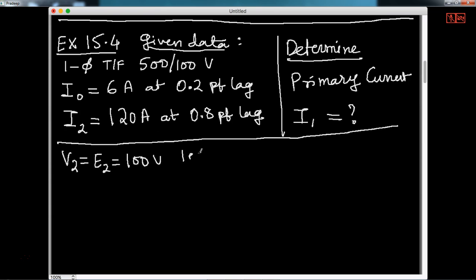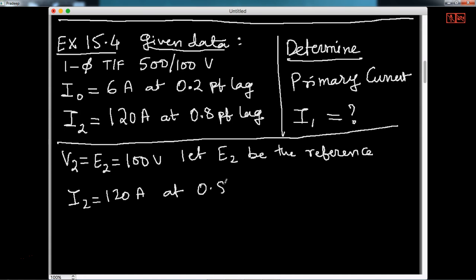Let E2 be the reference. If E2 is the reference, then I consider the angle of E2 as 0 degrees. Therefore, what is I2? I2 is 120 amperes at 0.8 power factor lag.